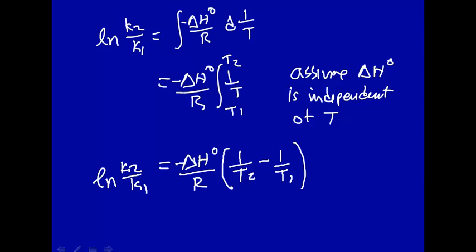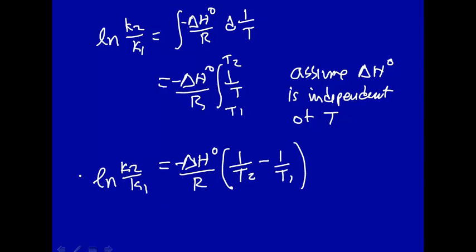So you have 1, 2, 3, 4, 5 things, and if you know any 4 of the 5 things, you can calculate the 5th. For example, if you know the standard enthalpy of reaction, and you know the equilibrium constant at one temperature, then you could find the equilibrium constant at another temperature.